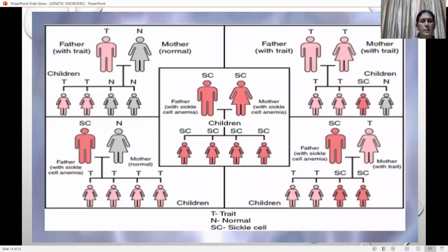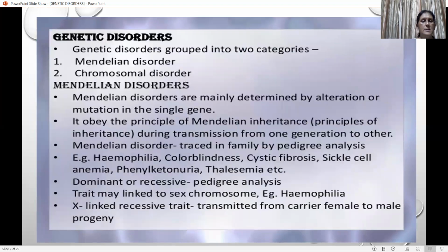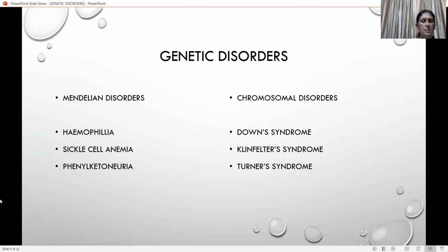So here we discussed 3 types of Mendelian disorders. First one is hemophilia. Here it is called bleeder's disease. In a small cut, they cannot prevent the bleeding, and it is due to a hemophilic gene present in the parents, either in carrier form or in expressed form.